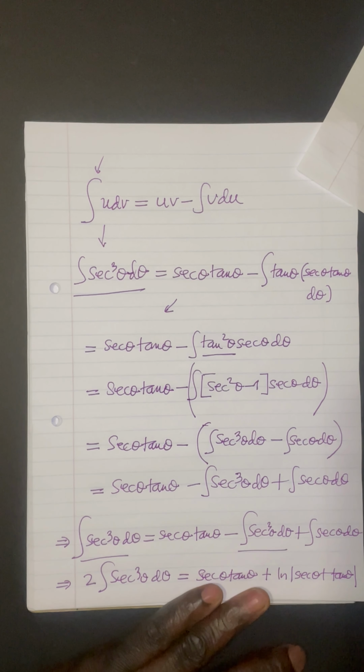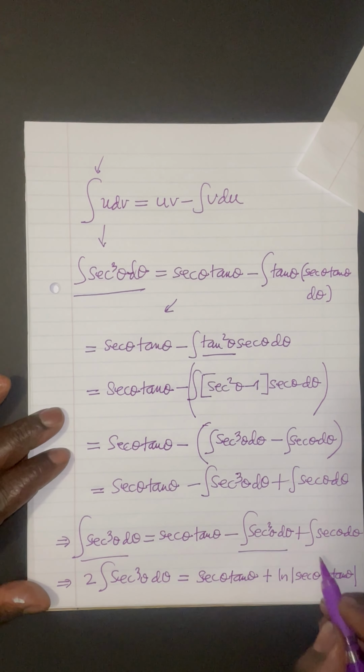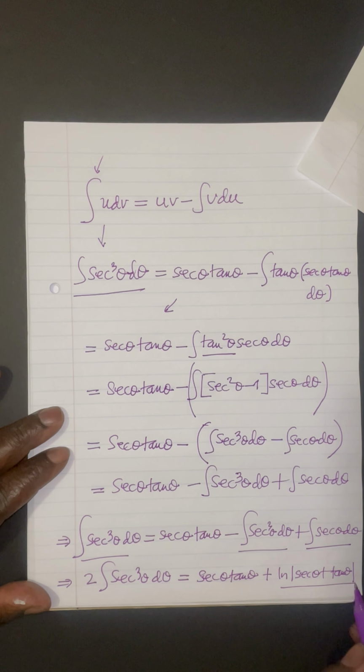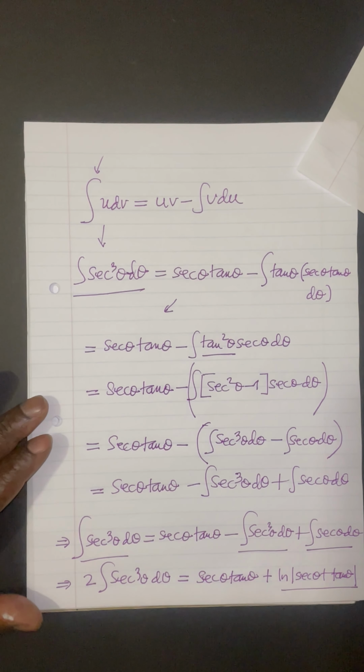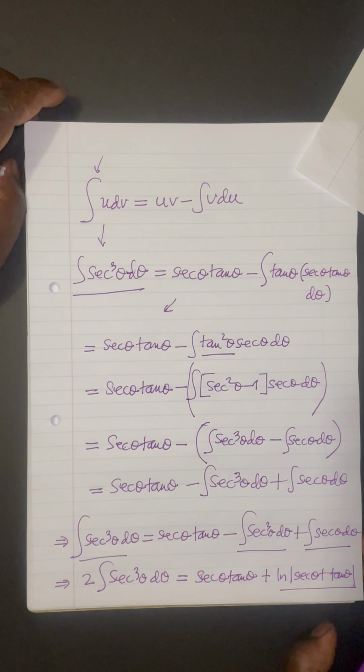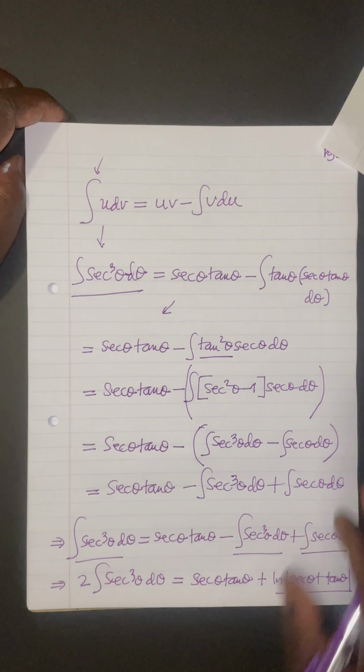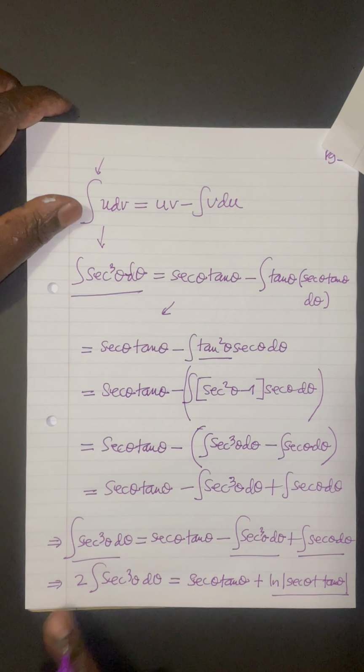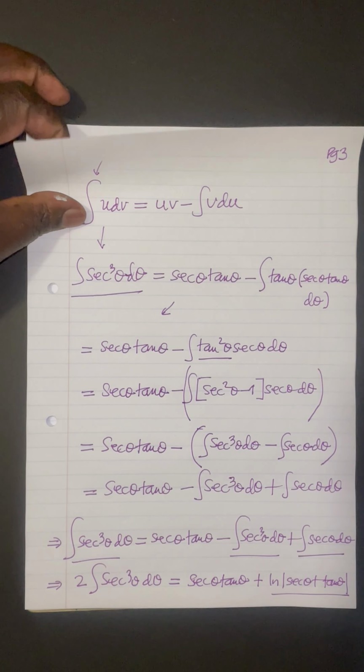So the integral of this part here equals that part there. And the easiest way to show this is by differentiating this. You are supposed to find sec theta. If we have time, we're going to try and do that. So now we have a 2 outside. I have to divide throughout by 2, taking us to page 4.